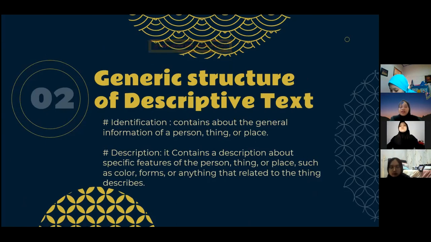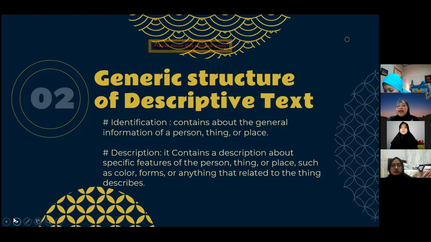The next is the description. In the description, it contains the specific information or the specific features of the person, thing, or place, such as the colors, the form, the height, the size.